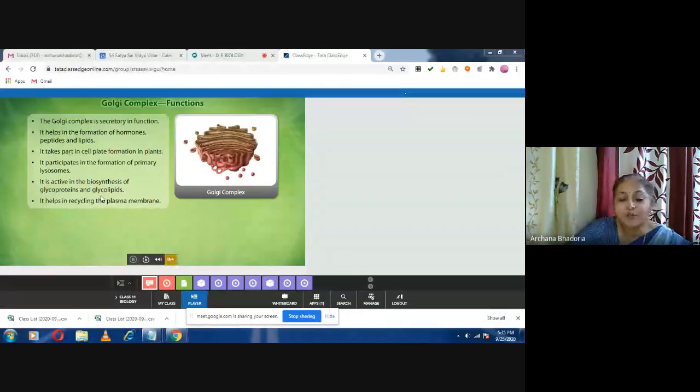Whatever process of synthesis happens in a living body, we call it biosynthesis. Since the synthesis of protein, and that is glycoprotein, is happening in the cell, we call it biosynthesis. So nothing to get confused.